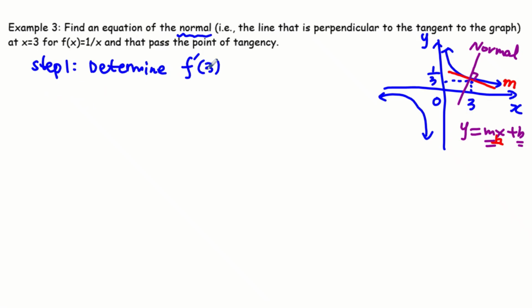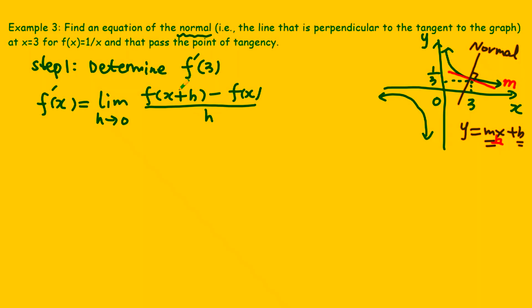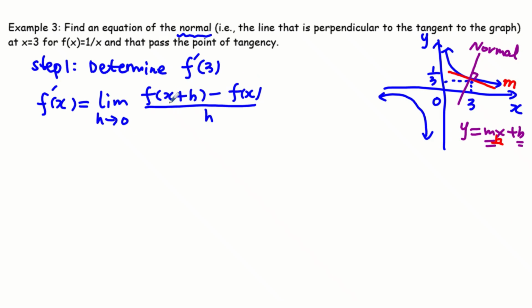So in order to find this, we are going to write out the definition of the derivative. f prime of x equals the slope of tangent, limit as h approaches 0 of f(x plus h) minus f(x) all over h. In the last chapter, I didn't show you that you could put a 3 here, because I want you to put x there, so that after that you will have a general formula.